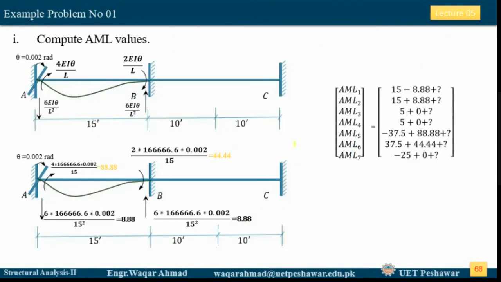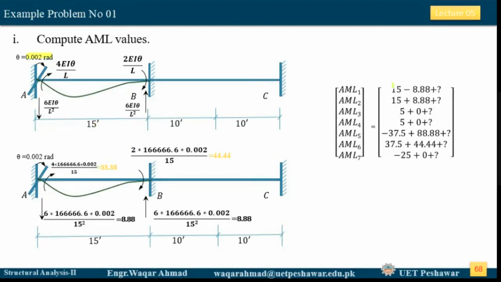Okay, now in this step, we have applied this 0.002 radians rotation clockwise. Now these are the induced moments, and we did explain this in step number 2. Now we need to write the values corresponding to our AML1, AML2, AML3.